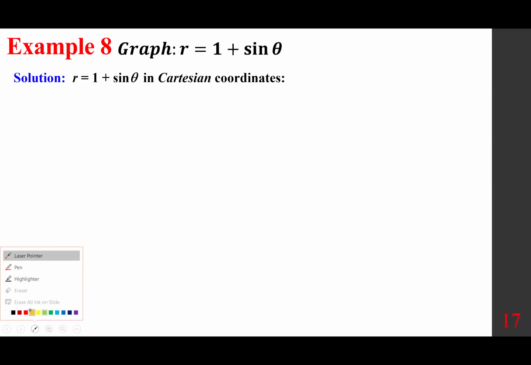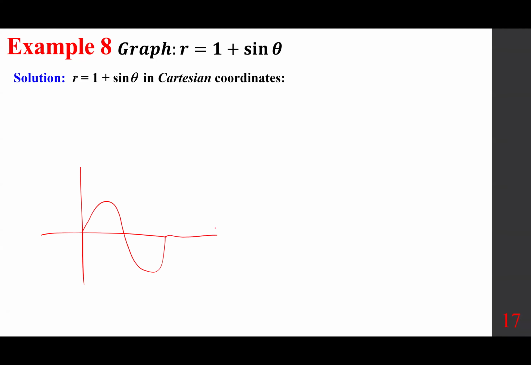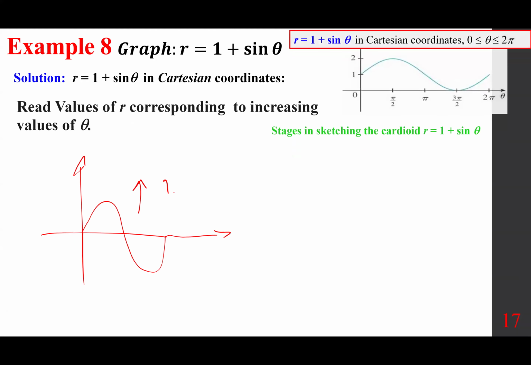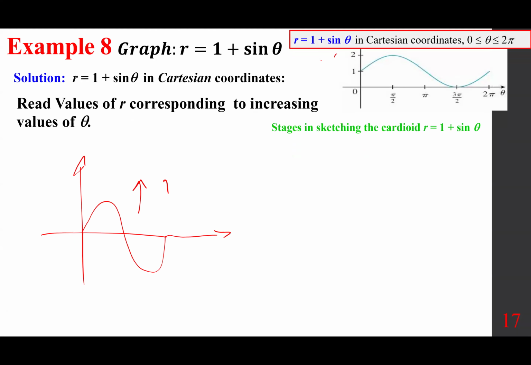This would be a complete cycle. Now move it up by 1 and it looks like that. So again, this is a different approach. At least you're exposed to it, and then you decide what approach you want to take.